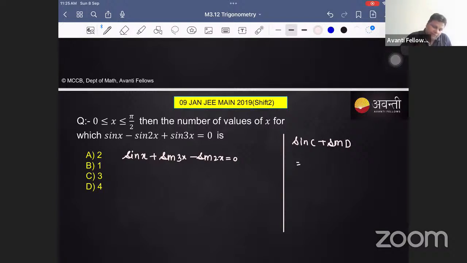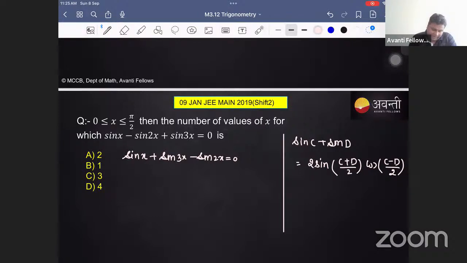Sin C plus sin D. The formula is 2 sin (C plus D) by 2 cos (C minus D) by 2. Sin C plus sin D is 2 sin (C plus D) upon 2 cos (C minus D) upon 2.